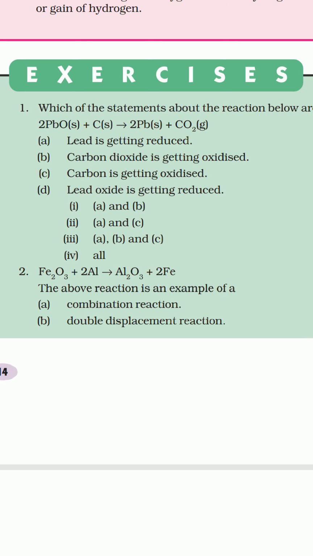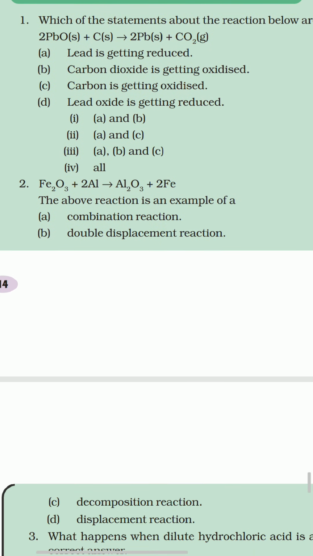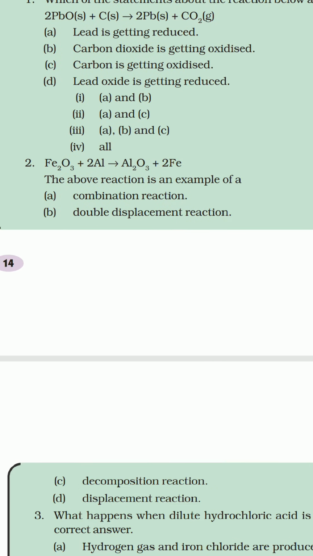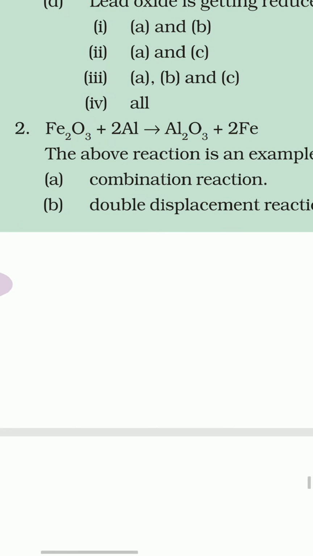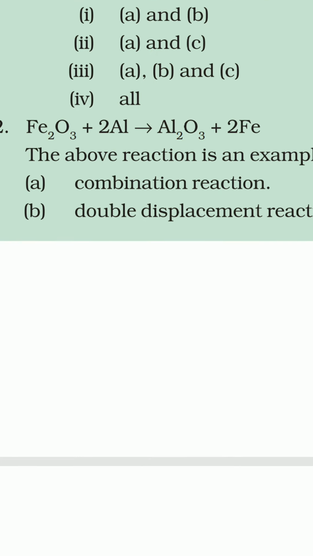Now question number 2. Fe2O3 + 2Al → Al2O3 + 2Fe. Please see the exercise in your book, see the questions, then you will understand and write your answer in your copy. The above reaction is an example of which type of reaction?